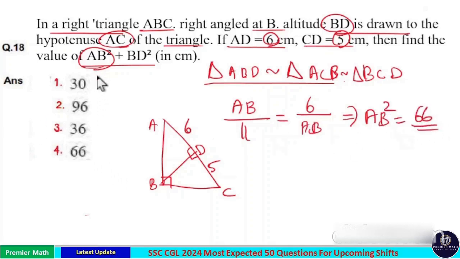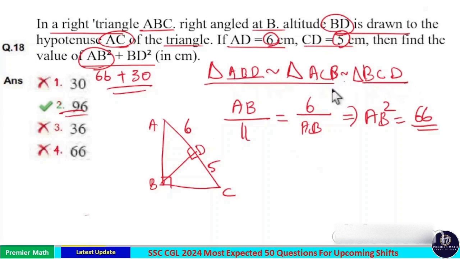If AB square is 66, AB square plus BD square should be greater than 66. Here greater than 66 is option 2, that is 96, which means BD square is 30. Now if you want to find BD square from this, I will write it. That is, from these two triangles, you can find BD.